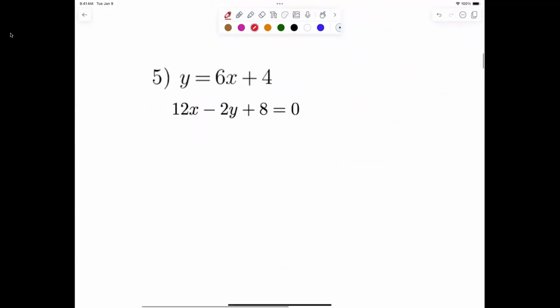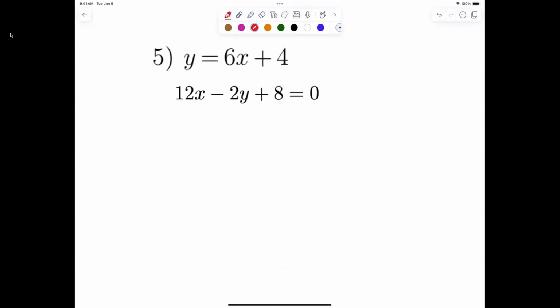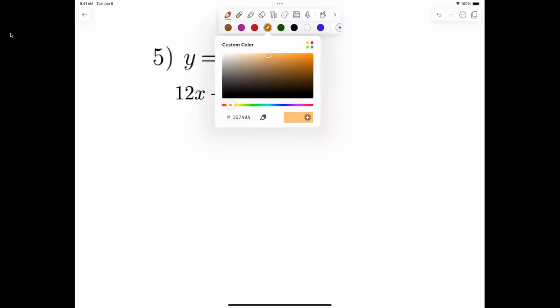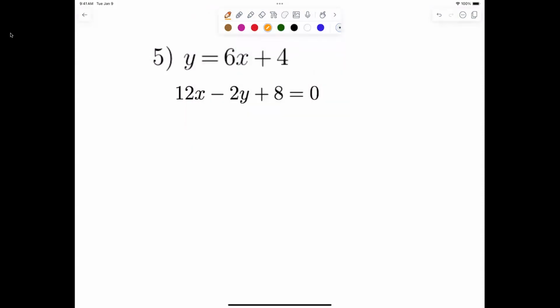All right, I want everybody to try number 5 now. Sorry, we're going to try number 5. All right, let's see if you wrote it down correctly. 12x minus 2(6x plus 4) plus 8 equals 0.